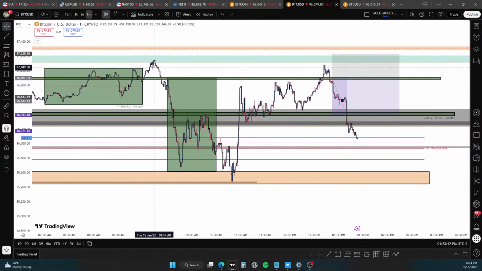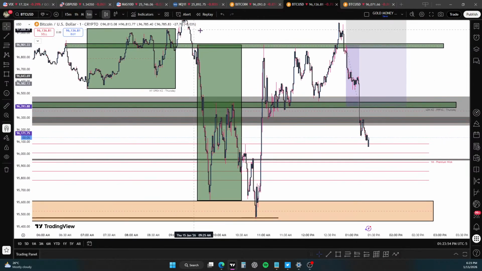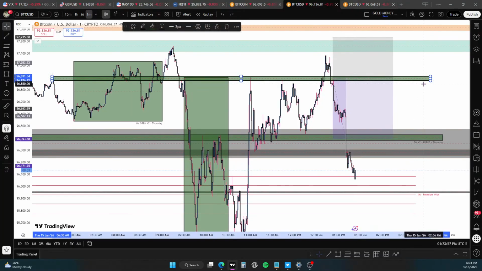You can see that I was targeting this area from the shift in liquidity here. And look now, after the fact, once this 630 is drawn on, it gives so much more clarity into what I was talking about before.